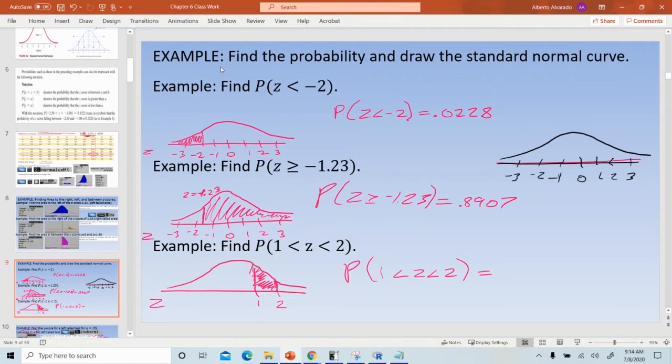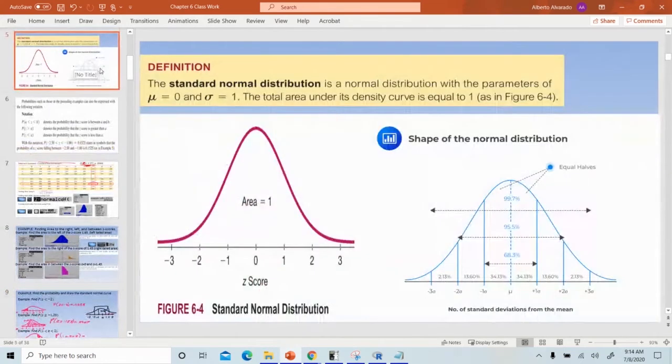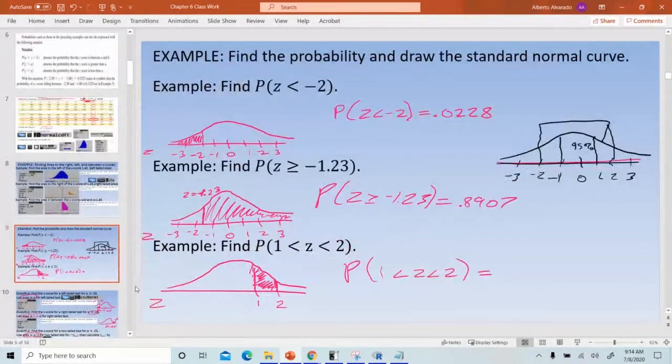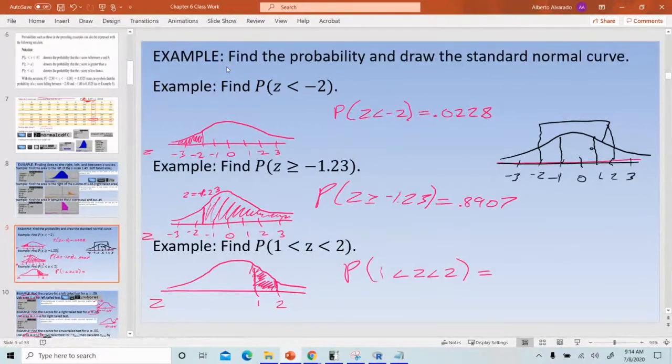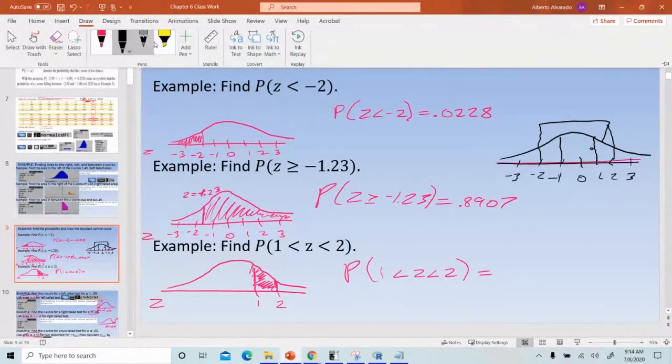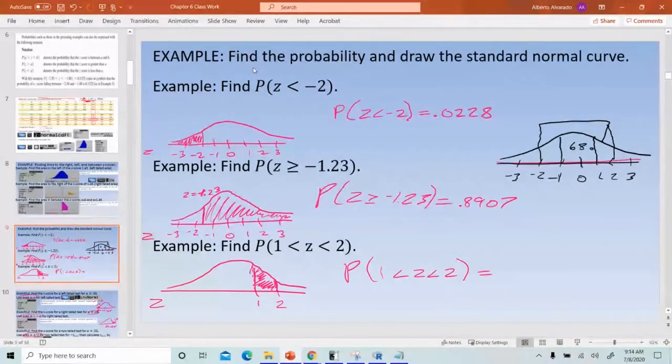So the empirical rule says that within 1 standard deviation, you have 95% of your data. Within 2 standard deviations, you have 90. Oh my goodness, I forgot. Backtrack. It's because I messed up on the first one. It's 68% of the data within 1 standard deviation. I just had a little brain freeze there.